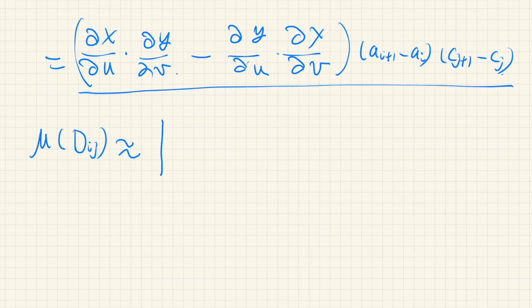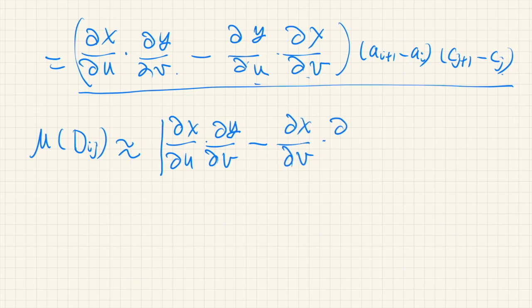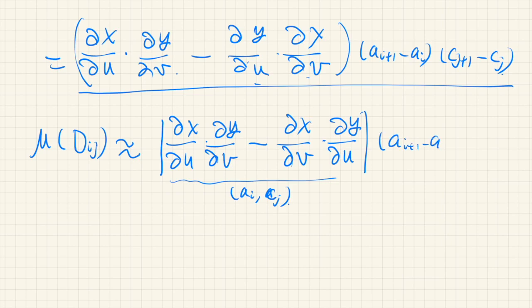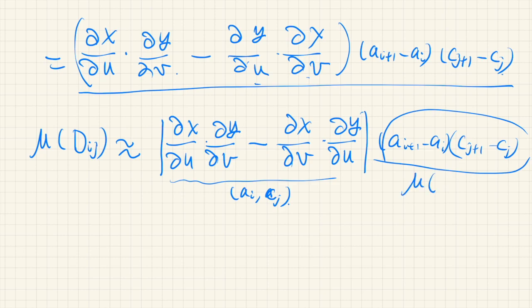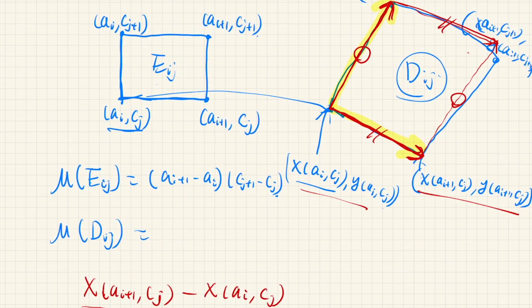So the area of Dij is approximately the absolute value of this. So that is dx/du dy/dv minus, and let's swap this order, dx/dv and dy/du. This is evaluated at this point, ai, cj, times ai+1 minus ai and cj+1 minus cj. By the way, this is the area of Eij, as we have seen before here.